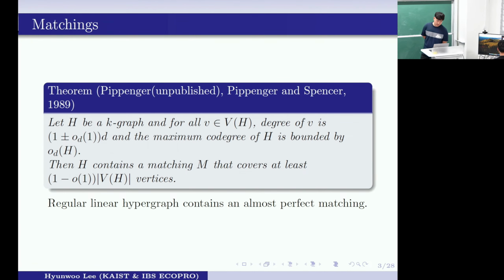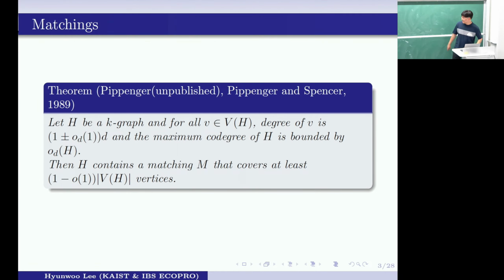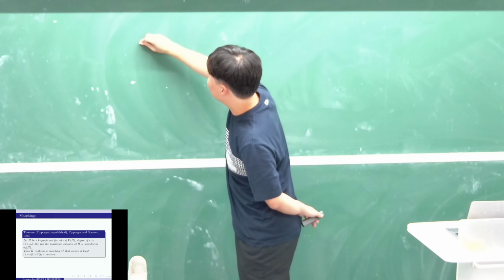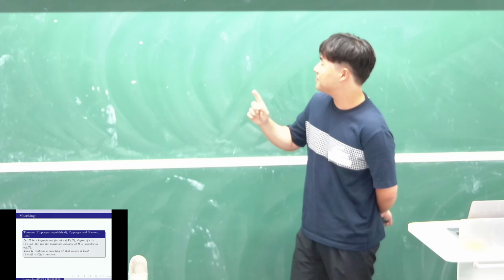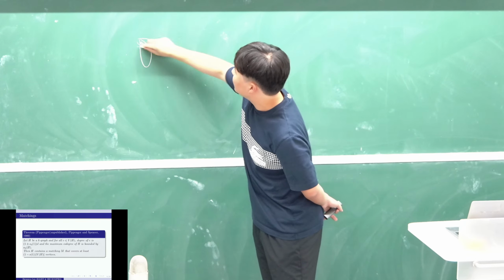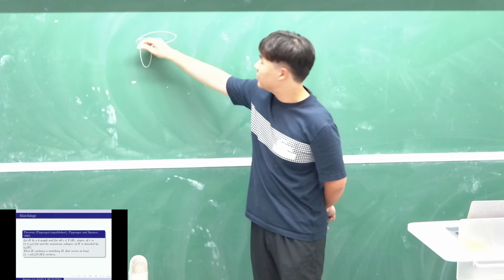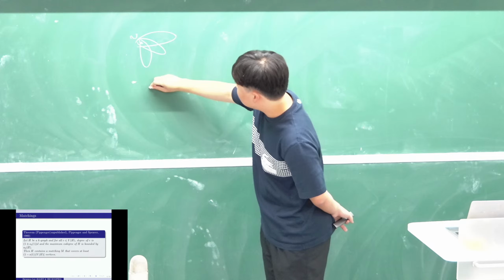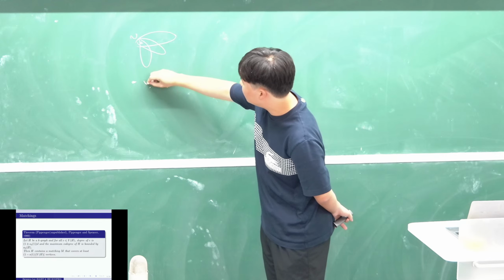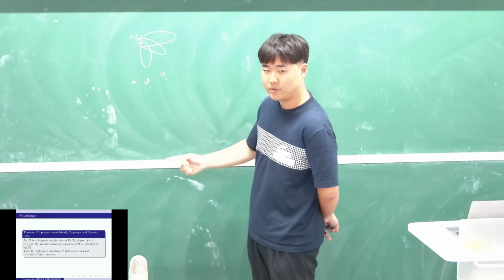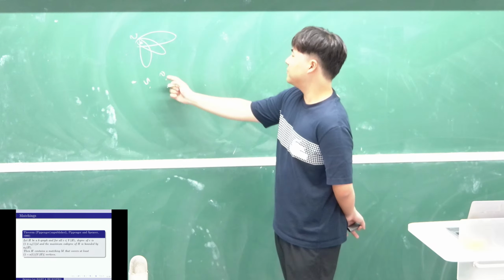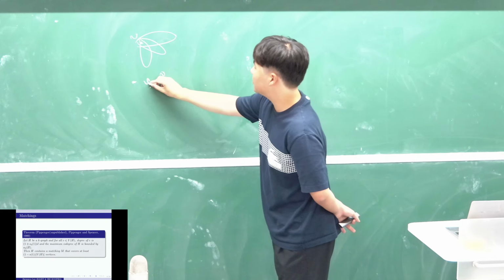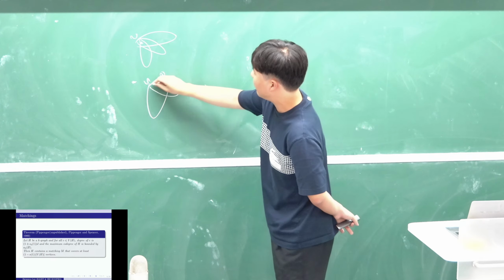So in particular, a regular linear hypergraph contains... Can you remind us of the codegree? Yes, the codegree. Okay. The degree in a hypergraph counts the number of edges incident with some fixed vertex v. The codegree is defined on a pair of vertices u and v. The codegree of u and v is the number of hyperedges containing both u and v.